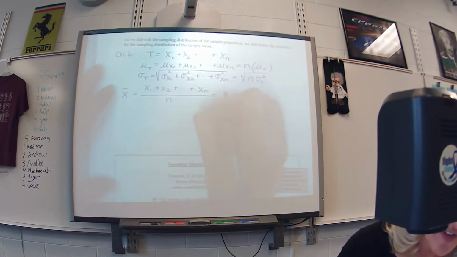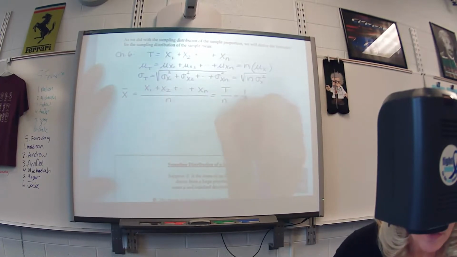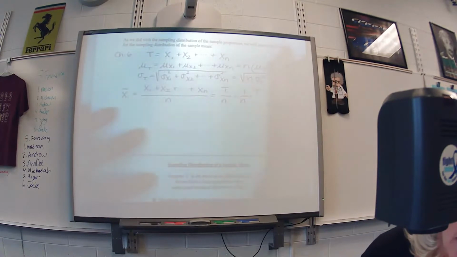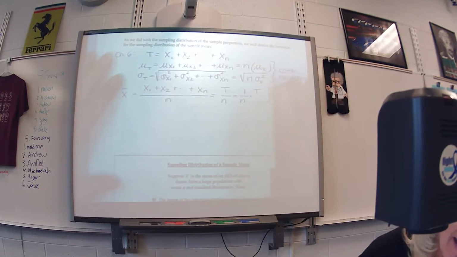So I could call this t over n, or better yet, 1 over n times t. Now, up here, this was combining a random variable, but down here, this is transforming a random variable.